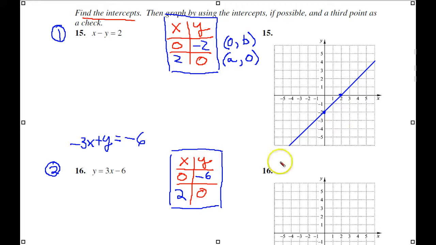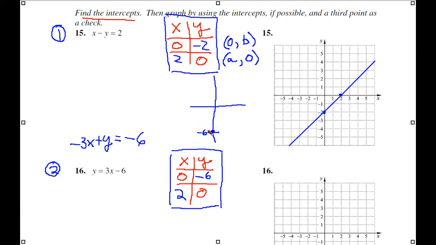And now the other. 0, -6. Oh, I ran out of room. I don't have any room for that one. So let's just do it over here. I'll make a new graph here. So 0, -6 will be right about there. That's -6.